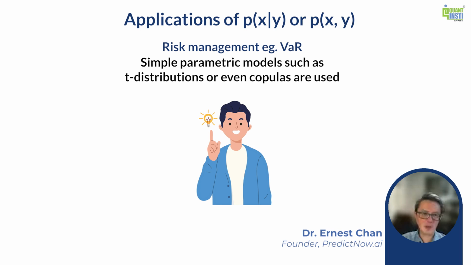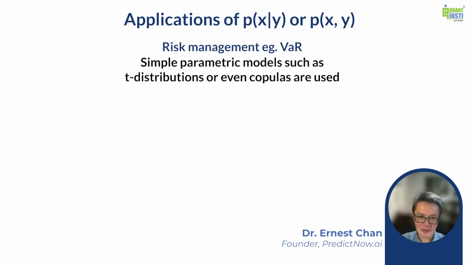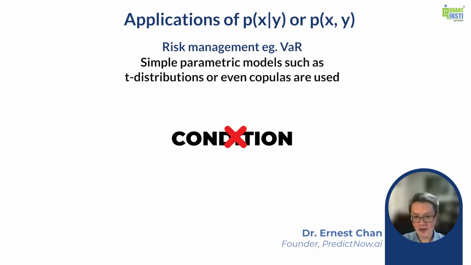Or some people say, well, you have to take into account the tail dependence of different assets in your portfolio as well, so let's use copulas instead of this simple multivariate distribution. All of that is great, but it doesn't take into account the condition. All these parametric models are basically unconditioned models.